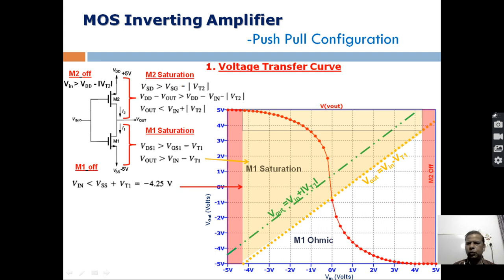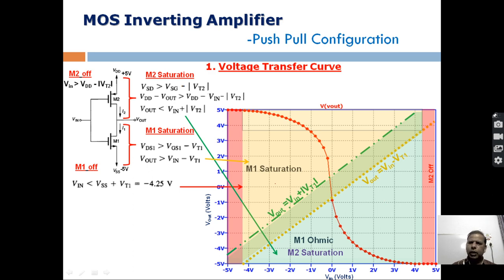So if the output voltage is below this green line, then because of this condition which is written here, M2 will be in saturation. So below this line, M2 is in saturation. Above this line, M2 is in the ohmic region, right? So here M2 will be in the saturation region, and this saturation region is indicated by this light green portion.